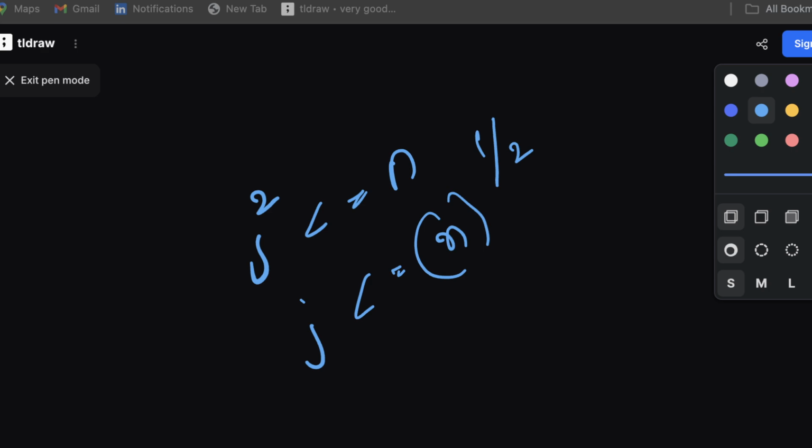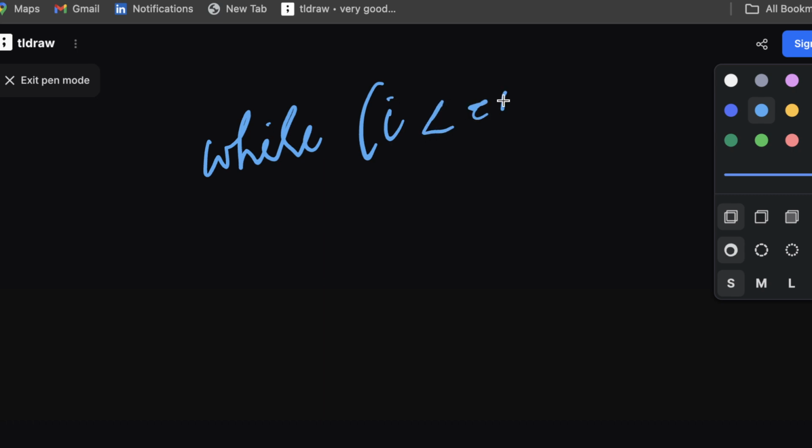Let me check this thing. This is cool. So if I have this loop and then I'm going to do 3 times, what's the complexity here?